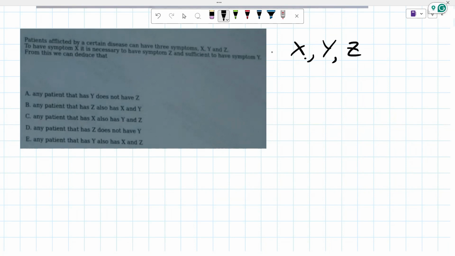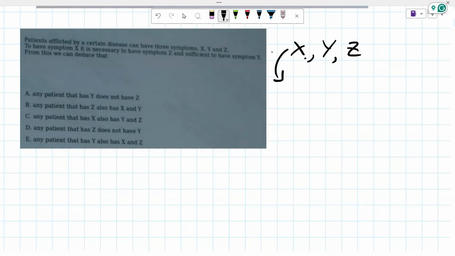All right, here we have the words necessary and sufficient. From those 2 words, we can assume something. For example, our second logic class was on those 2 conditions, necessary and sufficient, and maybe you'll recall something from our second lesson. In this case, it says to have symptom X it is necessary to have symptom Z. So what can we assume here?